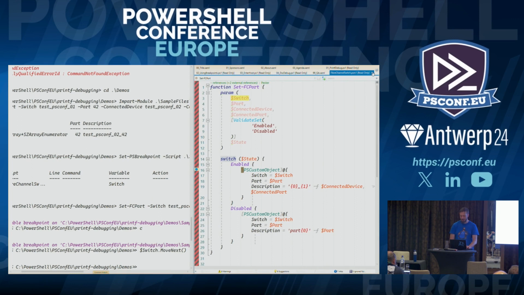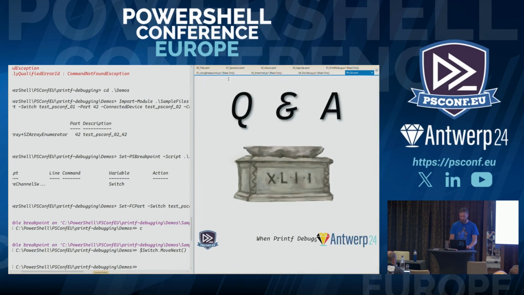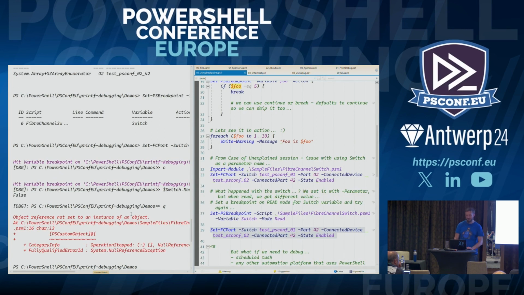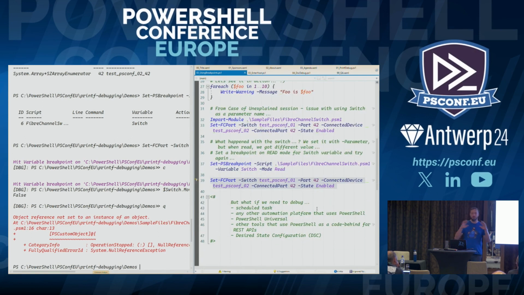Okay. The next thing I want to show you may be confusing at first, and it was definitely confusing for me when I started working with it: the things that you can do when you want to debug something remotely. Imagine you have your scheduled task, or some kind of automation framework that uses PowerShell under the hood, just runs PowerShell, and you can potentially see what's going on only if you write it to a text file or event log.